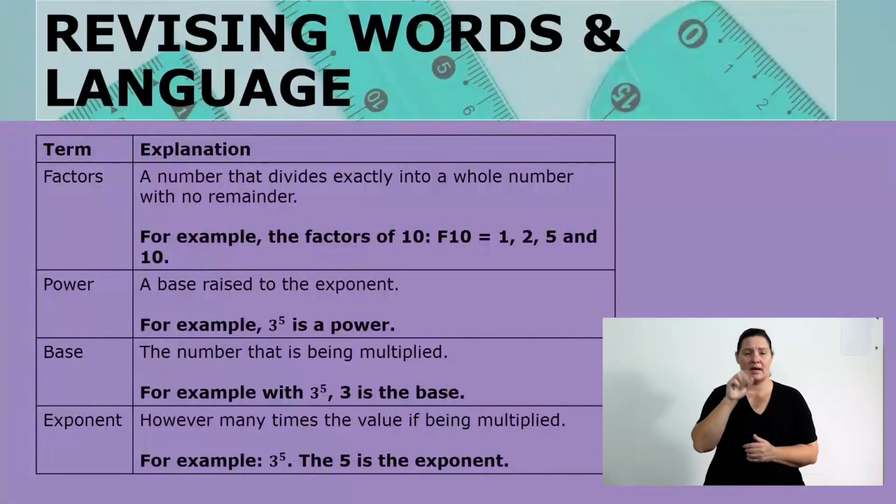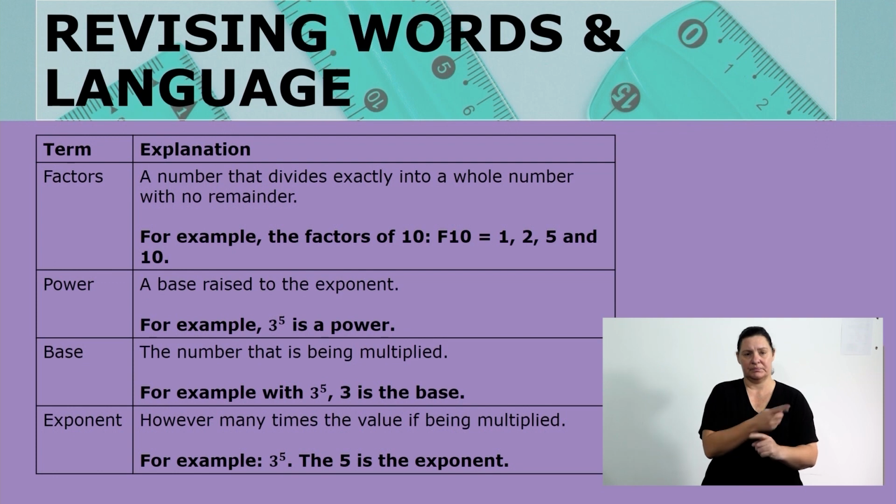So let's look at the words that we are going to be using in this lesson. These are words that you know already. Factors: a number that divides exactly into a whole number with no remainder. For example, remember we use F to represent factors, and the factors of 10 are 1, 2, 5, and 10.